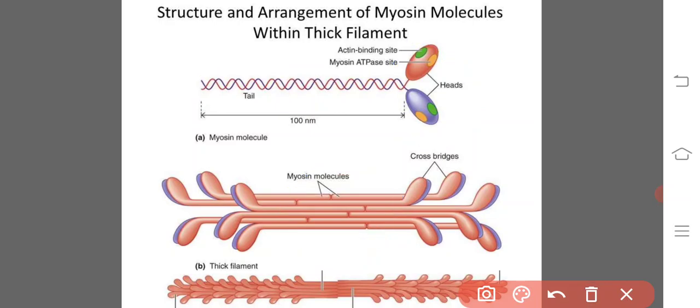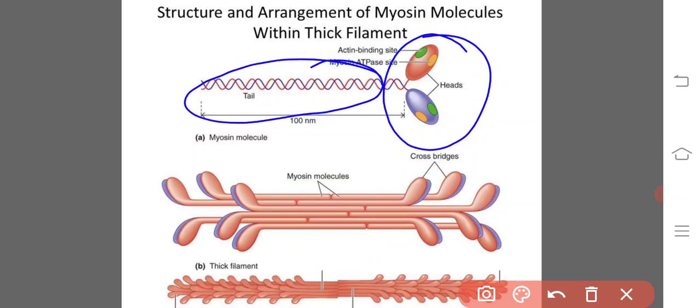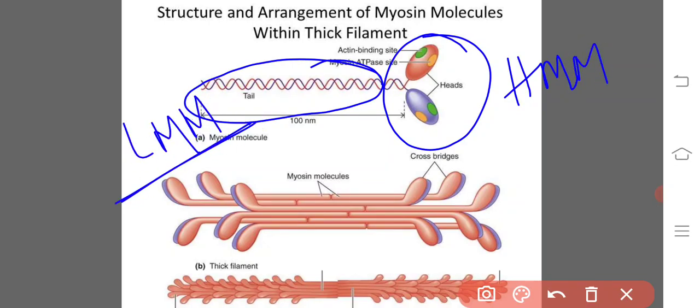Simply we can say there are two kinds of meromyosins, heavy meromyosin and light meromyosin, based upon their molecular weight. Light meromyosin is the tail region. Heavy meromyosin, HMM, is the head region.